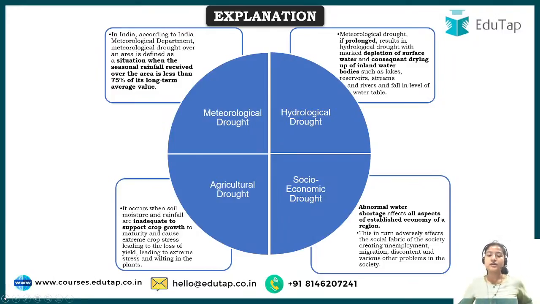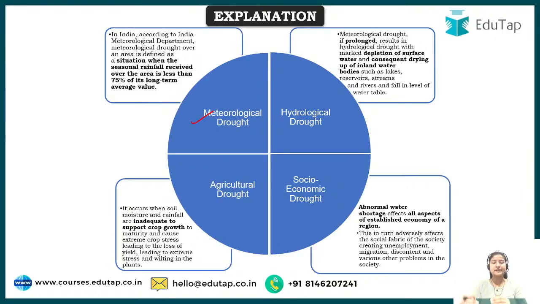First of all, we looked at the meteorological drought. In this, what happens? Basically, if in a particular area a certain amount of rain falls every year, but now the rain has decreased to 75% of what it usually rains there, at that time we call it meteorological drought. So it is more of an immediate reason.